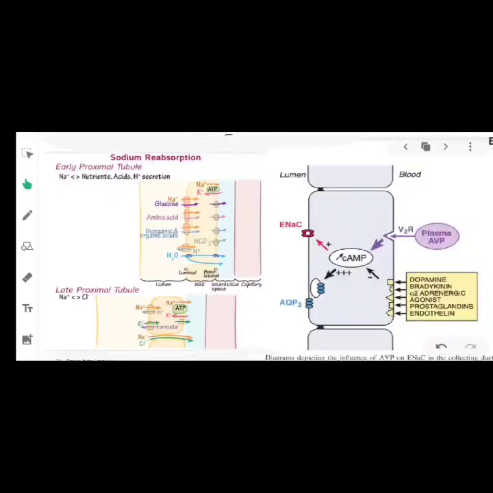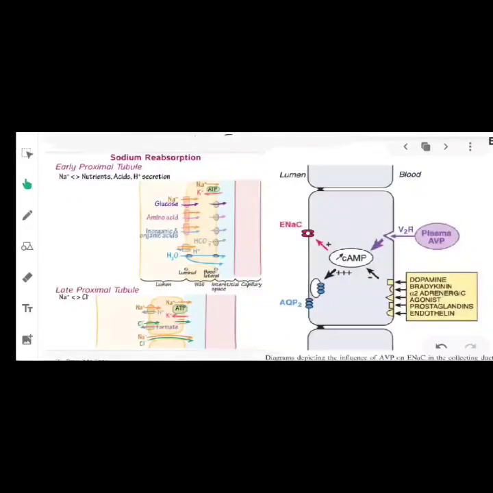In this lecture we are going to study the more important substances which are reabsorbed and the mechanism through which they are reabsorbed. There are 4 important substances we are going to study about. First is sodium, second is water, third is glucose, and fourth is bicarbonate.